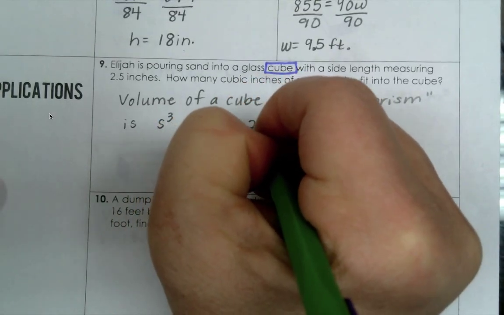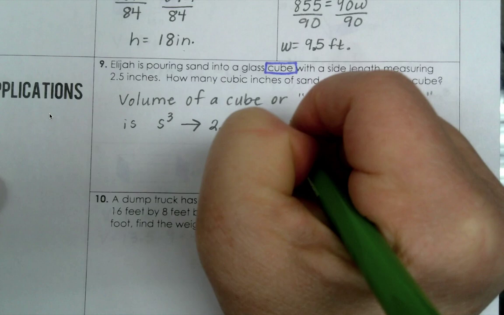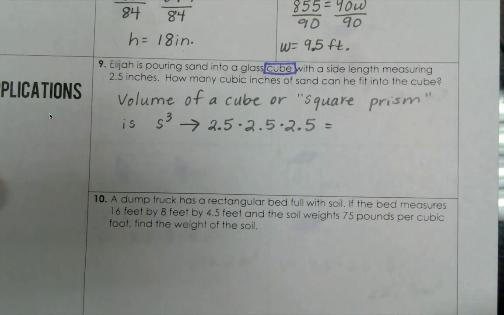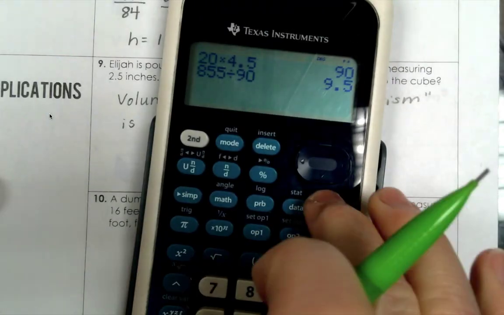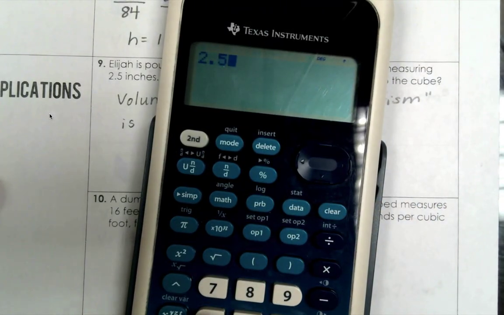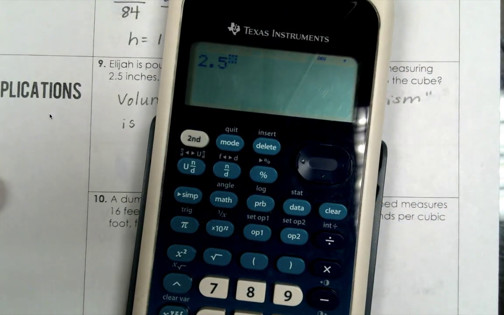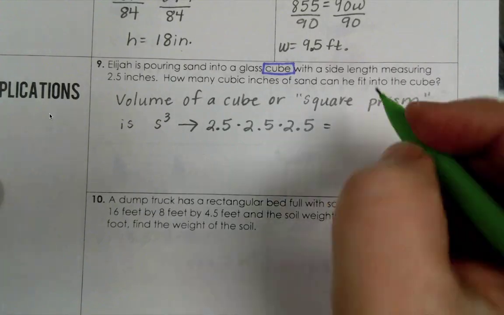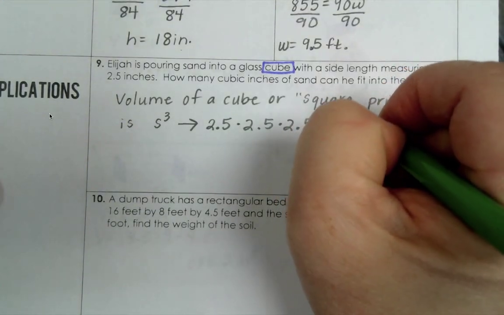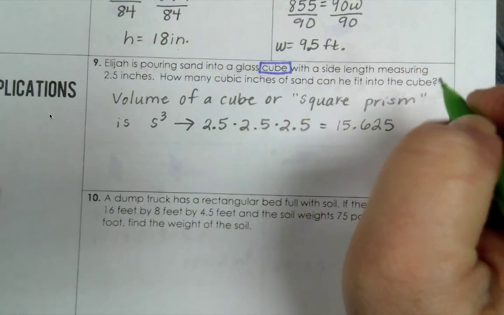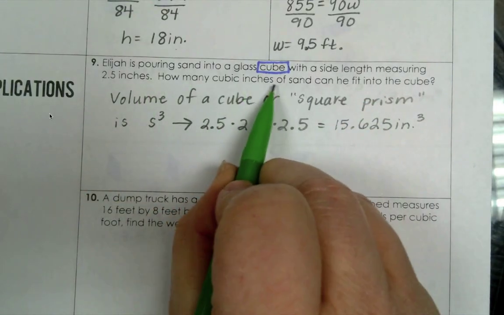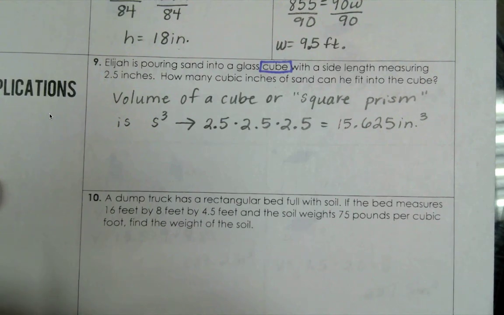So you can do 2 5/10 times 2 5/10 times 2 5/10, or you could do 2.5 to the power of 3, whichever you want. I'll do that in my calculator. 2.5, don't forget my caret to the power of 3, and I get 15 and 625 thousandths. 15 and 625 thousandths inches cubed. And so that will tell you how many cubic inches of sand he can fit in the cube. Okay.